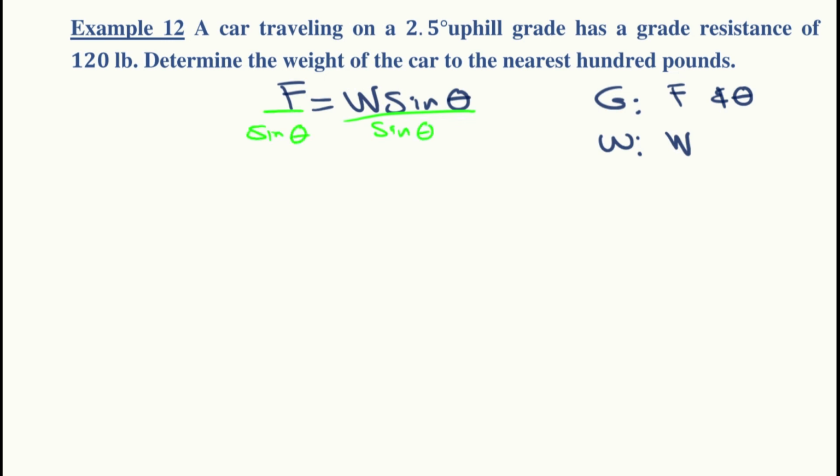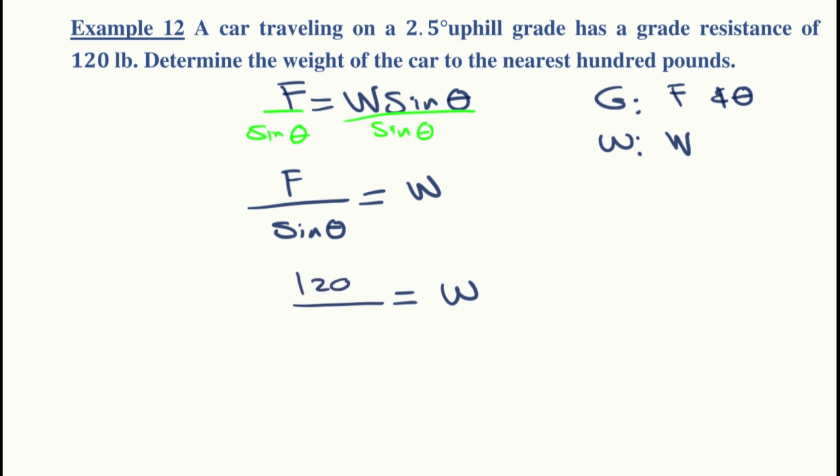So we get W is equal to F over sine theta. So we get W is equal to 120 over sine of 2.5 degrees. All we have to do now is go ahead and plug that in.